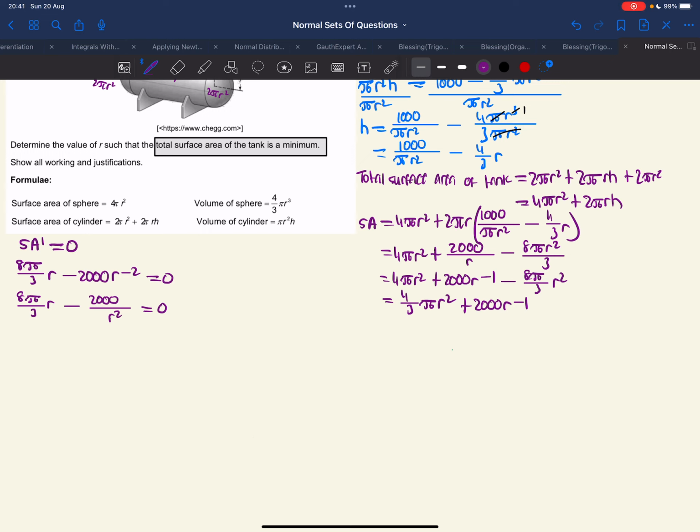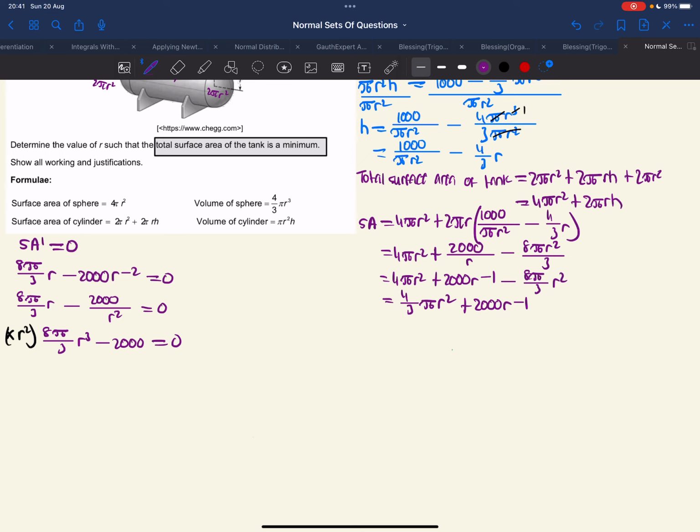Now, to get rid of the r squared, we're going to multiply both sides by r squared, and if we do that, you're going to get 8 pi r cubed over 3 minus 2000, and that is basically 0.